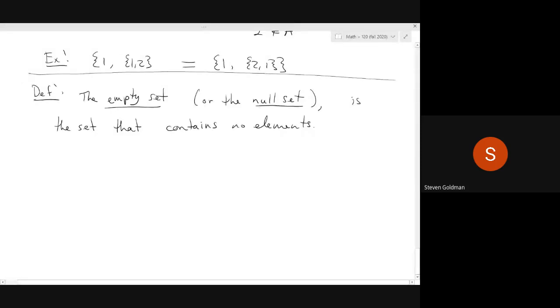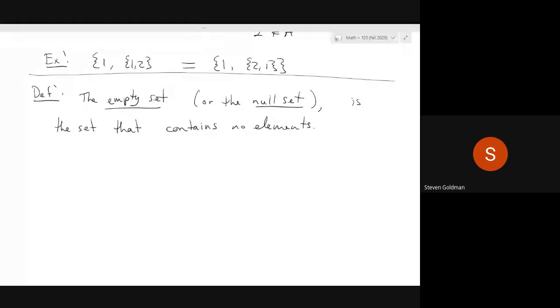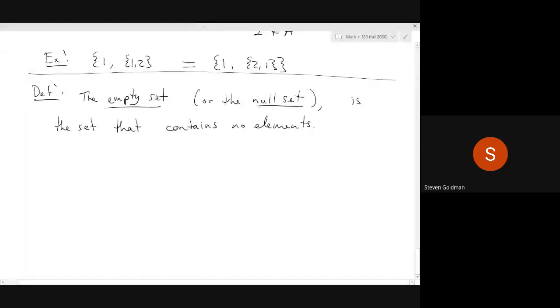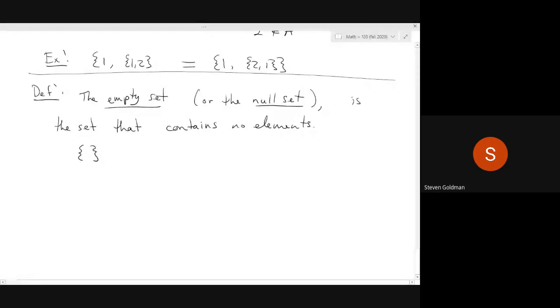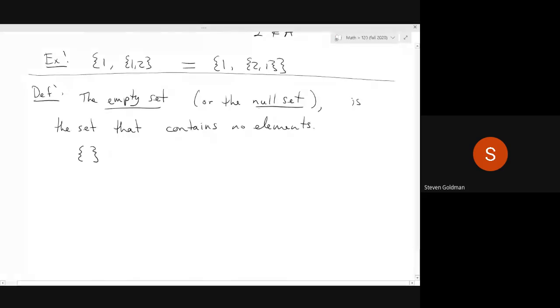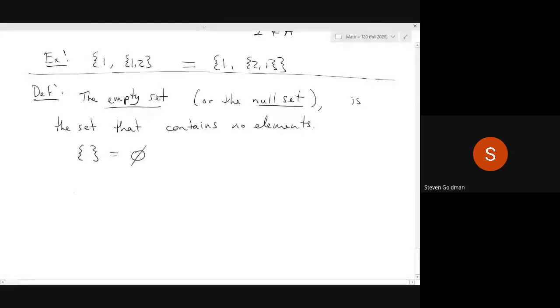It's a very special set in set theory. It's denoted with braces with nothing in them. This is a set that has no elements. If you go back to our example of a computer folder, it's like you click on a folder and there's nothing in there. We also denote it with a special symbol, a 0 with a line going through it.